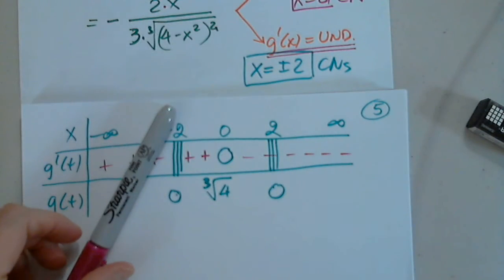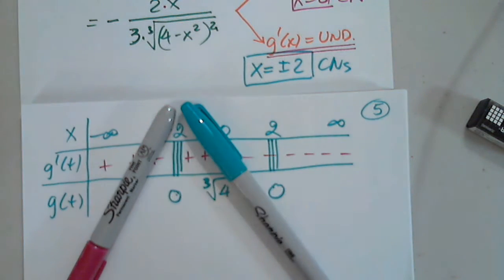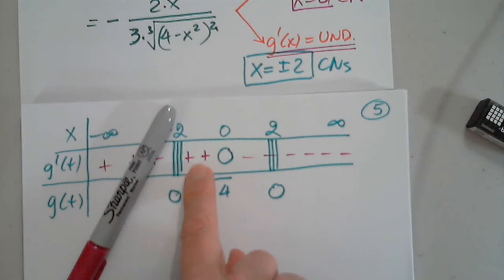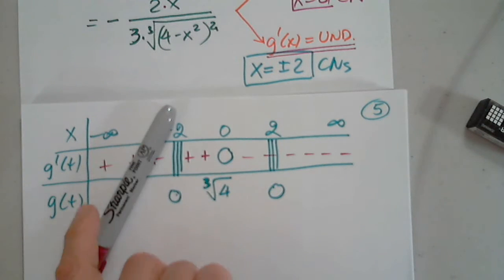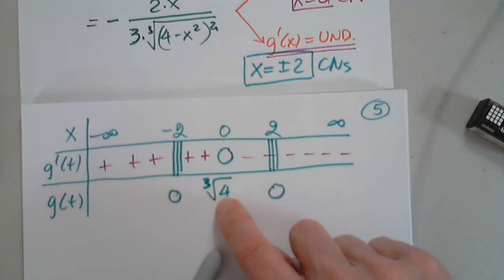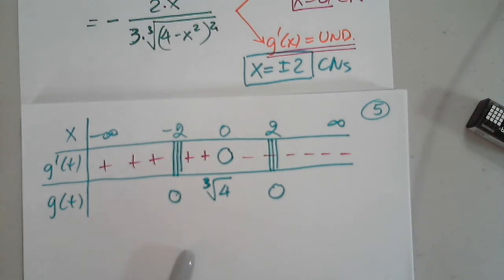For a max, the derivative has to do this. Positive, negative. Is it negative? No. So it's nothing. What about 0 comma the cube root of 4? What type of point is 0 comma the cube root of 4?